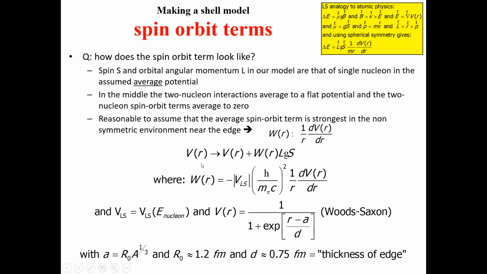So for the detailed discussion of this potential, that's why we are saying it's reasonable to assume that the average spin orbit term is strongest in the non-symmetric environment near the edge. For that, we have to do the calculations for the potential, and you have to utilize some of your previous concepts from quantum mechanics.